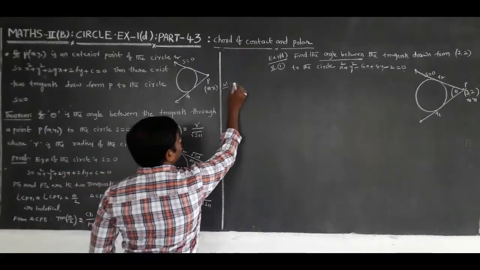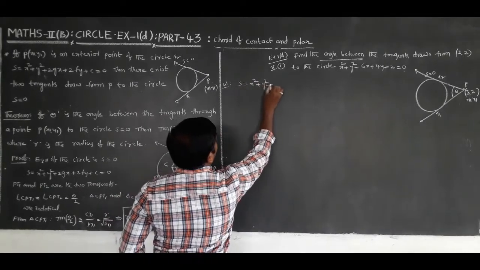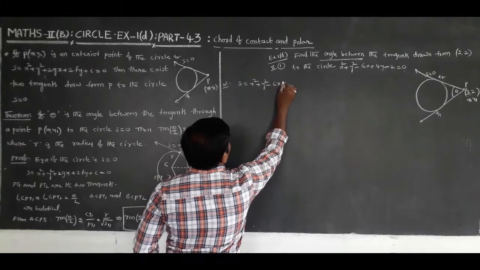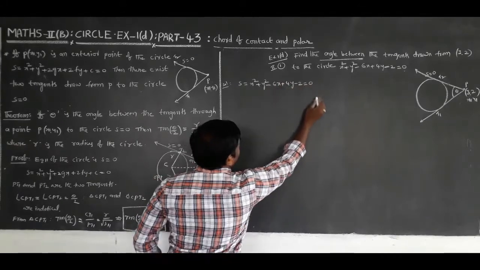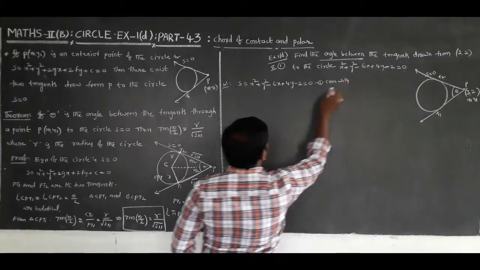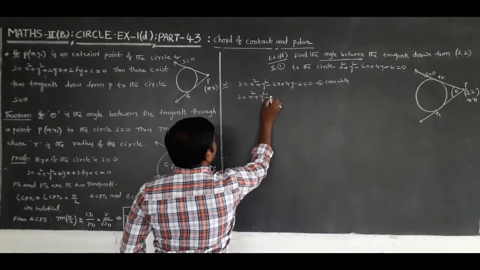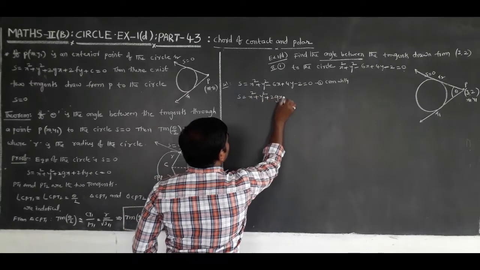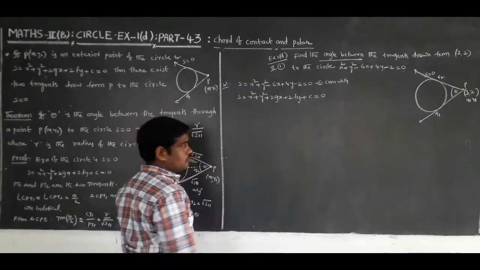Here the given equation of the circle is x square plus y square minus 6x plus 4y minus 2 is equal to 0. Comparing with the general equation x square plus y square plus 2gx plus 2fy plus c is equal to 0.